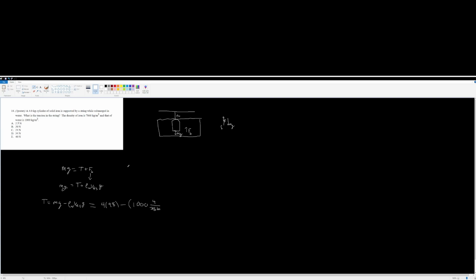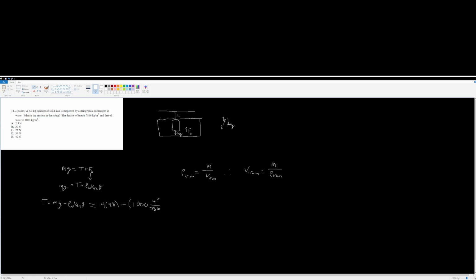7860. And really where that's coming from is if we know that density of the iron equals the mass of the iron over the volume of the iron, then we know that the volume of the iron equals, if we multiply by V on both sides, and then we divide by rho on both sides, M over the density of the iron.